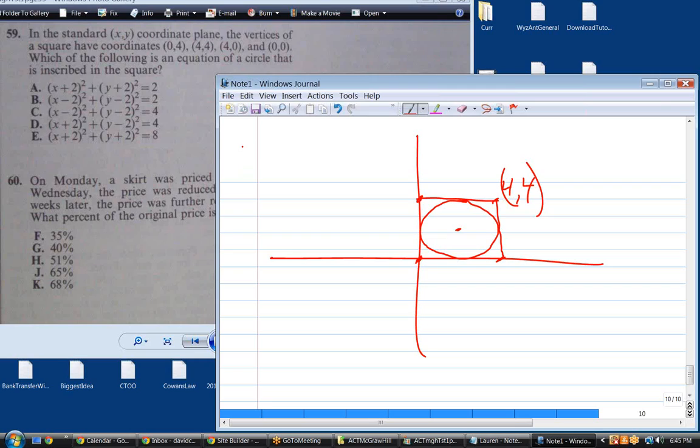The formula is (x minus h) squared plus (y minus k) squared equals the radius squared. Well, we know a lot of information about this circle. We know h, we know k, and we know its radius. Do we not? H and K are the center coordinates of the circle. Always, without the square.